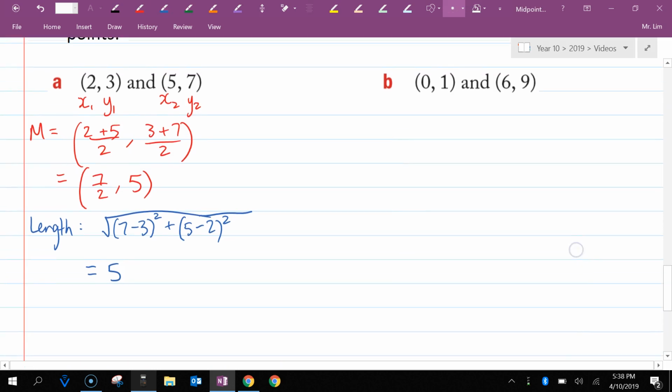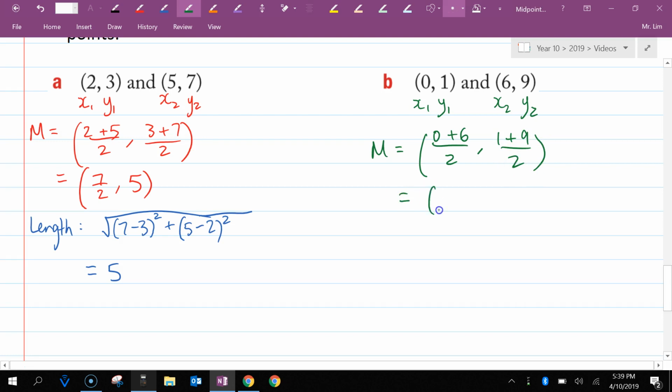Let's do one more example together. So first thing is always label x1, y1, x2, y2. So the midpoint is x1 plus x2 over 2, y1 plus y2 over 2, which in this case is 3, 5.